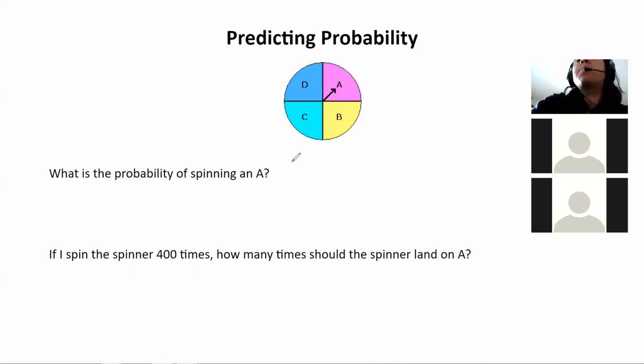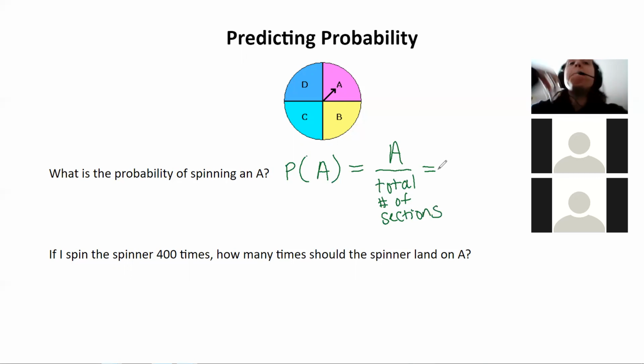According to this problem, I want to find the probability of spinning an A. Good, Isabel. So we're going to make a fraction out of how many are A over the total number of sections.